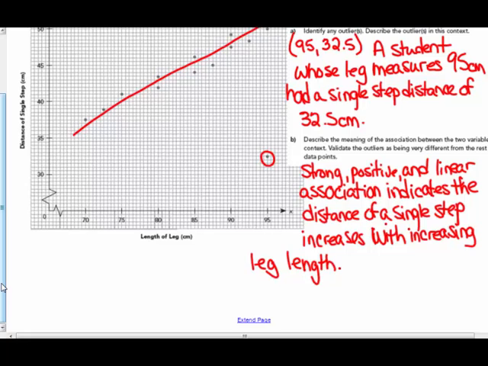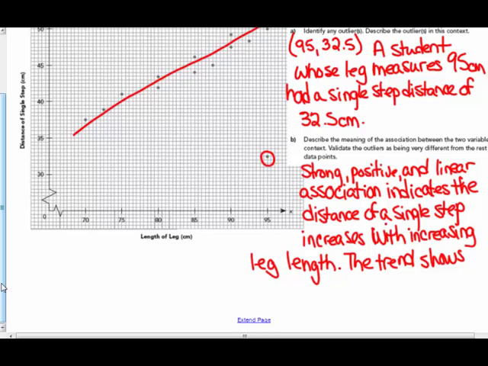The trend, the pattern, I'm going to say the trend shows, because we've got to describe that outlier. Why is it not fitting with this?